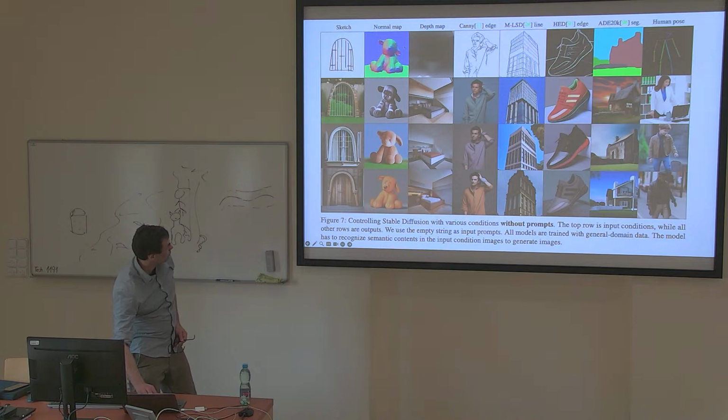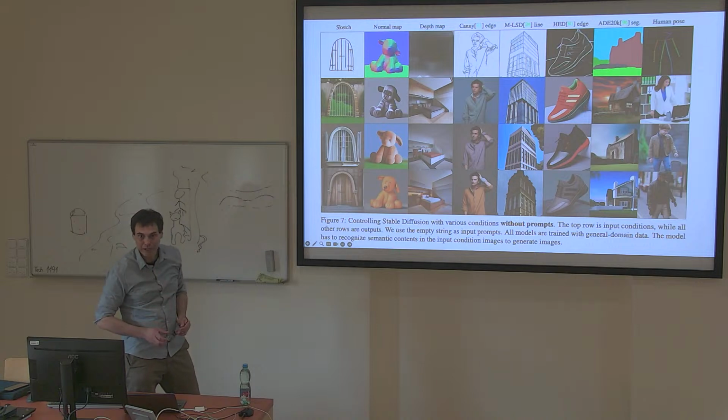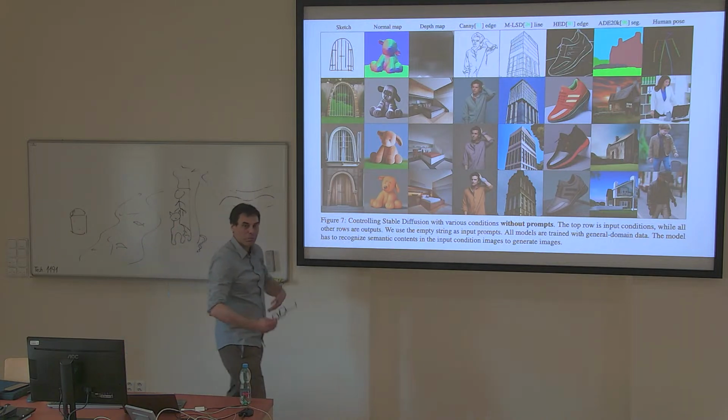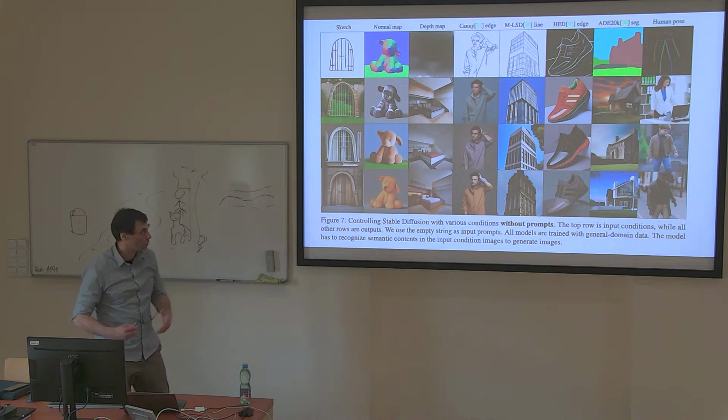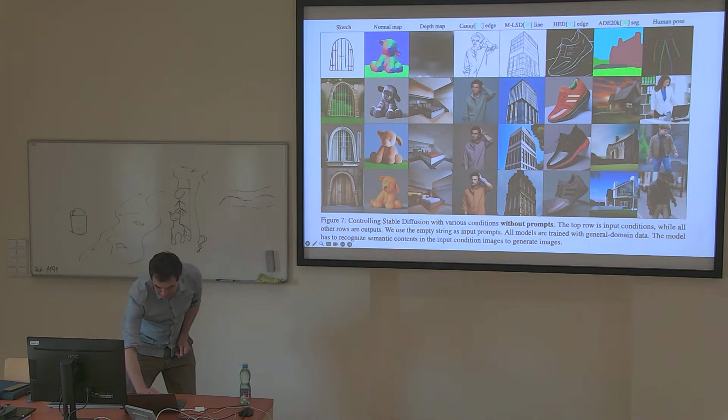If you condition on the image map, a normal map, it allows you to produce different images following this input. So it just allows you to better control what you get there. So that's what we build on, and I will try to go faster.